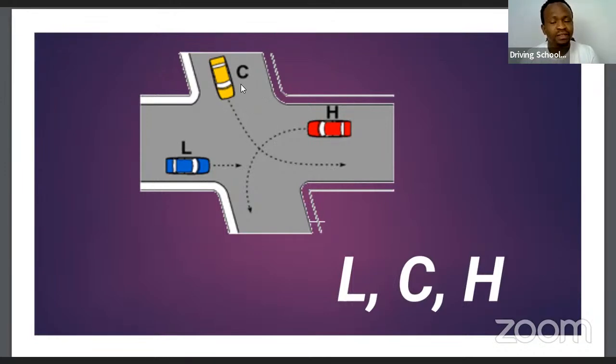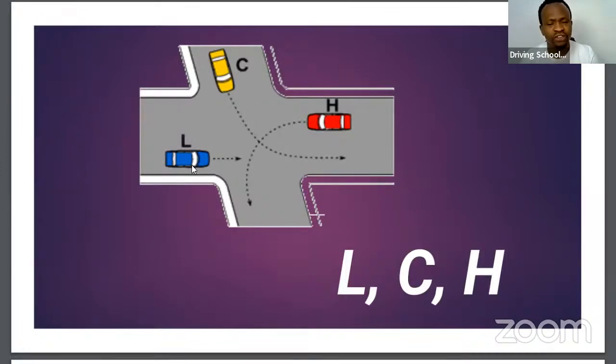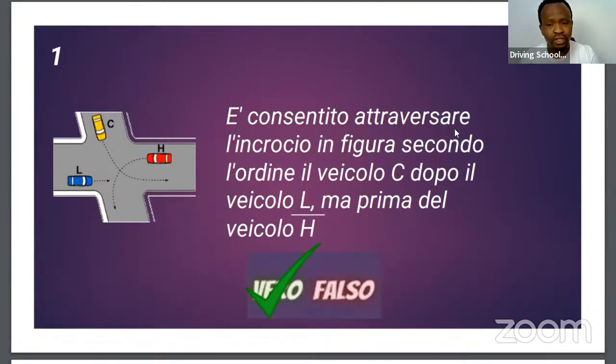No, they are telling you that vehicle C leaves the junction after it must have given right of way to vehicle L, and before vehicle H passes the junction. The order of passage is L, C, H. So the answer is vero: è consentito attraversare l'incrocio in figura secondo l'ordine il veicolo C dopo il veicolo L, ma prima del veicolo H. So the answer is vero.